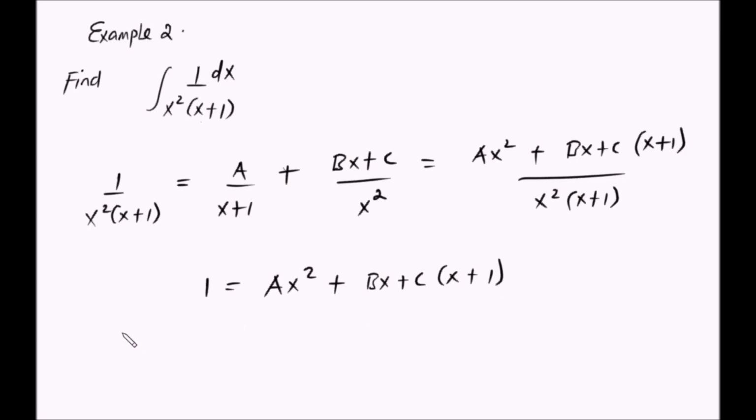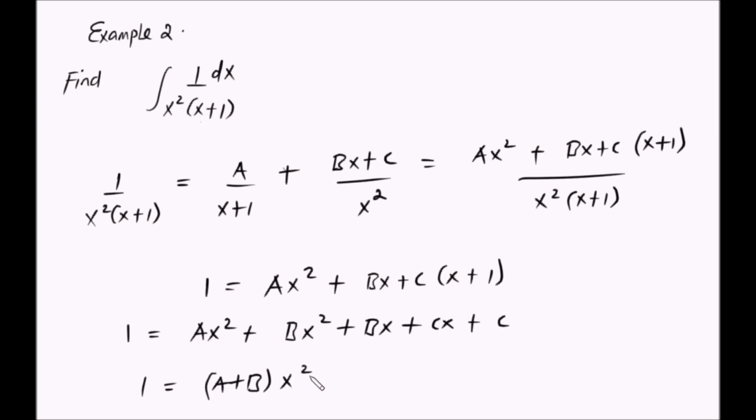Okay, I'm going to expand. I think it's the easiest method. I will have ax squared plus bx squared plus bx plus cx plus c. So when I arrange here I will have a plus b x squared plus b plus c x plus c.